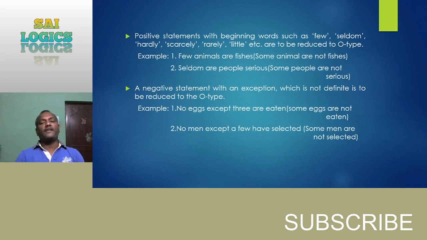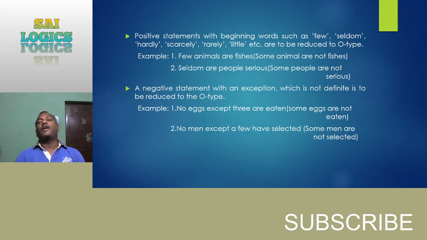In the third case, positive statements with beginning words such as few, seldom, hardly, scarcely, rarely, little, etc. are to be reduced to O type. So this is also case number 2 of some, in the reverse direction. That means there we have discussed negative statements with few, seldom, etc. Now it is the opposite direction.